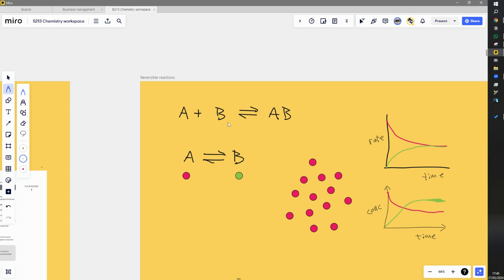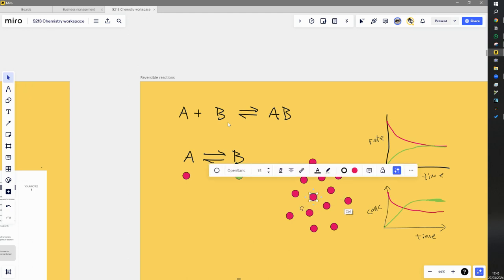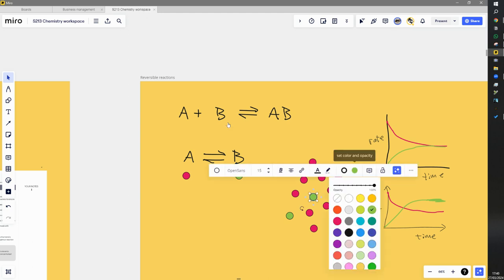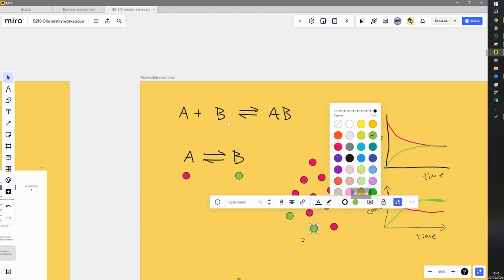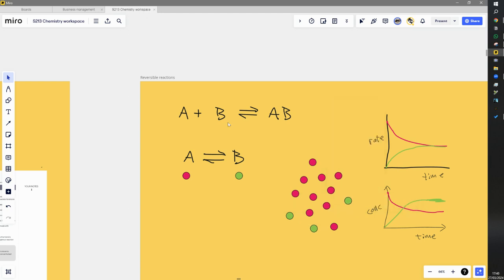Why is it dynamic equilibrium? Because the dynamic part means that things are still changing. The reaction is still going on. Let's say we're at this point here, at equilibrium when there are three greens. One B changes to A, but in doing so, one of the pink ones changes back to B, and so on.